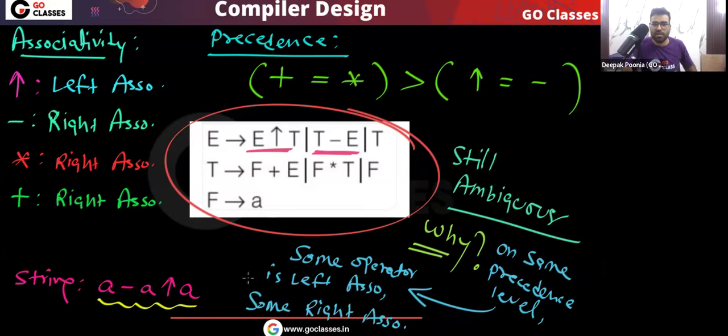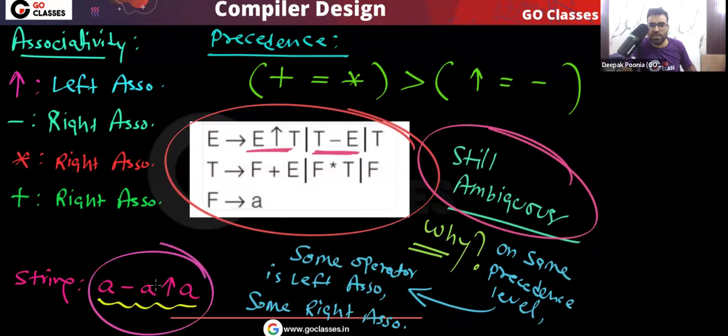Is this clear? That is the reason this grammar is still ambiguous, and for this string you will get two parse trees. I hope you understood. This is the complete analysis of this grammar.